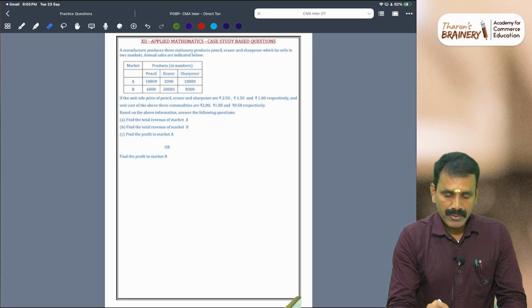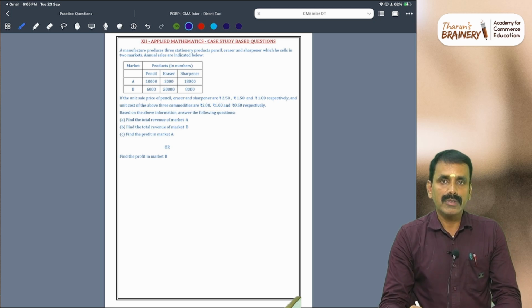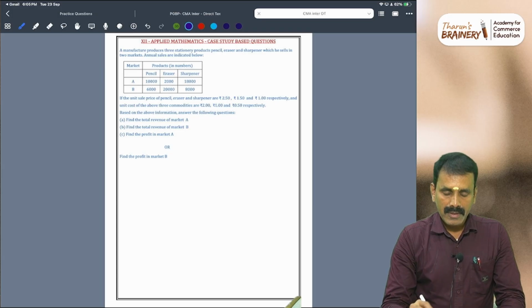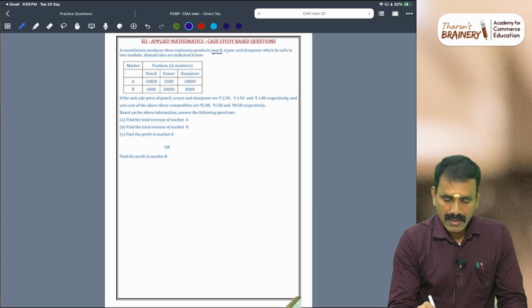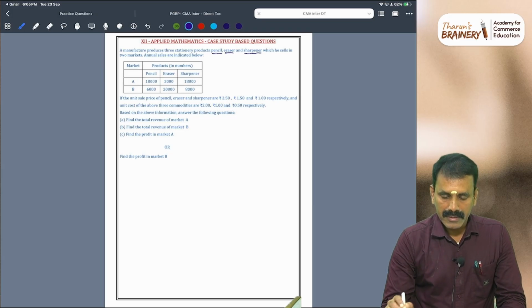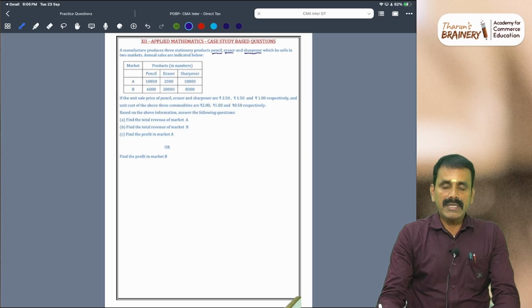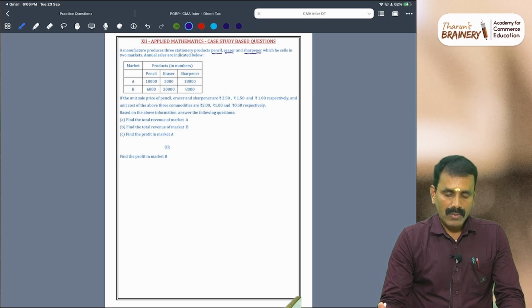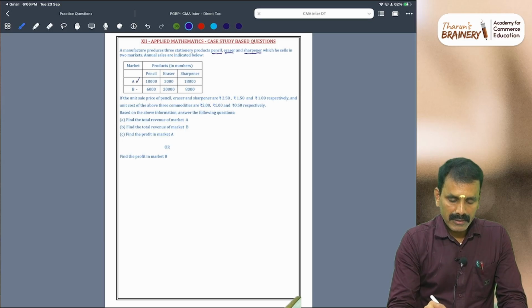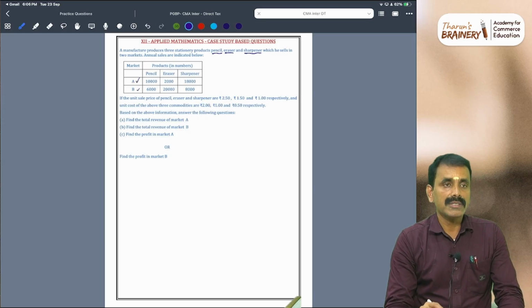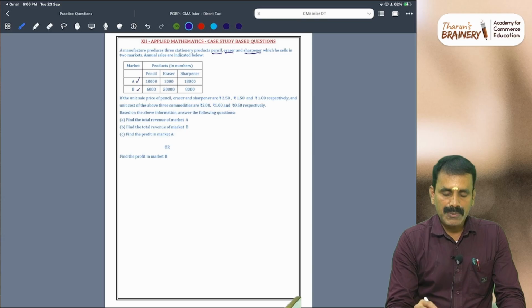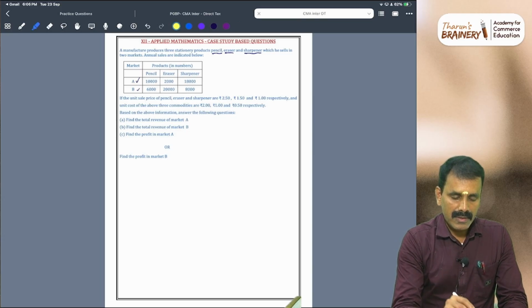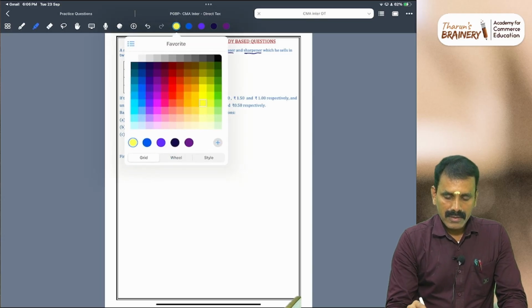A manufacturer produces 3 stationery products: pencil, eraser and sharpener, which he sells in 2 markets. Okay. One is market A, the other one is market B. The annual sales in each market for each product are given as a table.